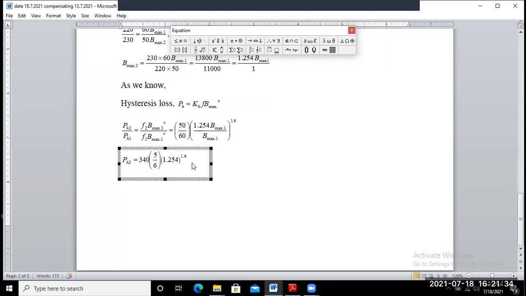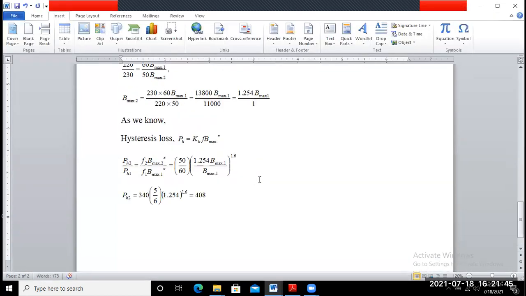So this value is equal to almost 408 watt. Okay, 408. So you have found out pH2 in watts.